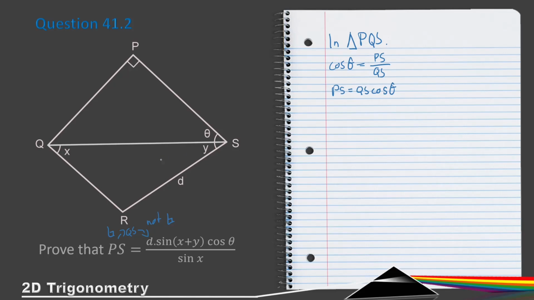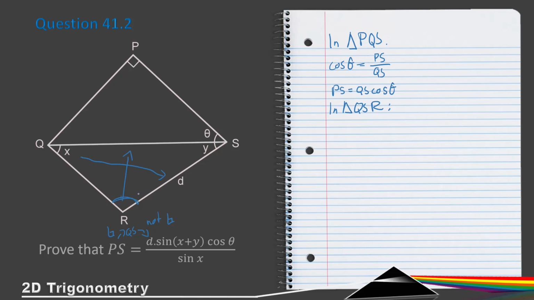And then moving on to the other triangle, in triangle QSR, we have D and we have QS. So let's see, first of all, sine rule, this pair we have, and then I need this angle. But we have the other two angles of the triangle, which means it's easy.